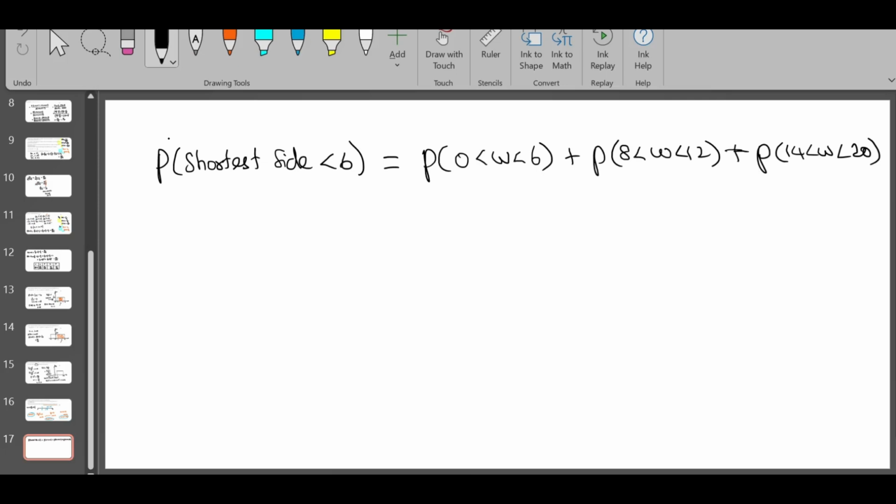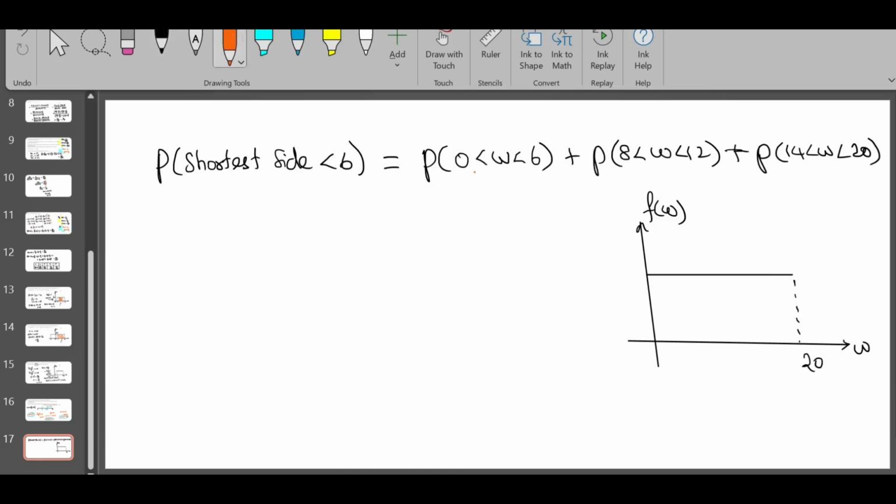So if I draw the PDF function f of w and w here, 0 to 20. The first one is the area between 0 to 6. This area. We know this is 1 over 20, right? 1 over (b minus a).